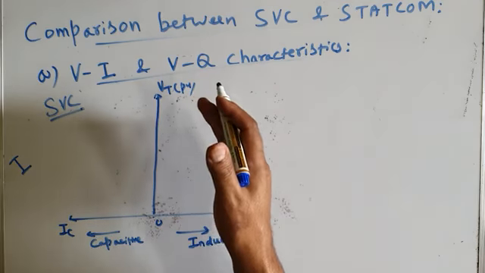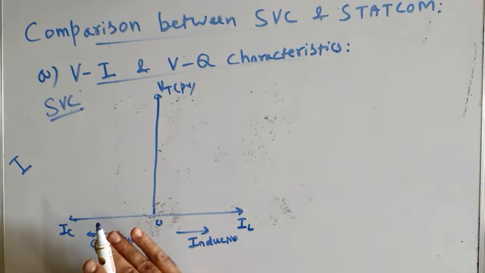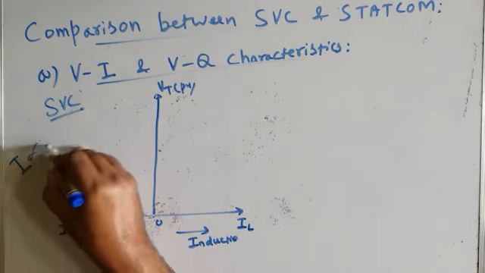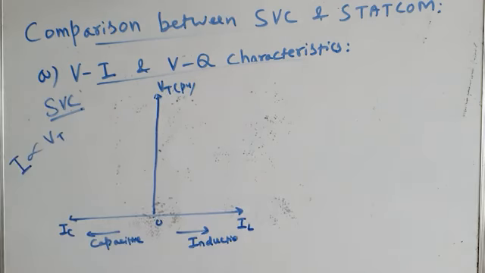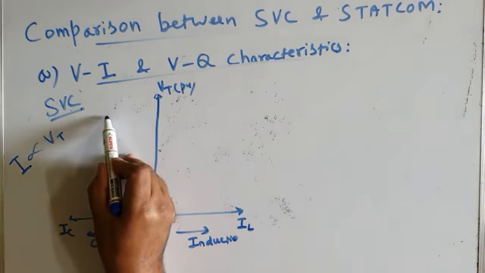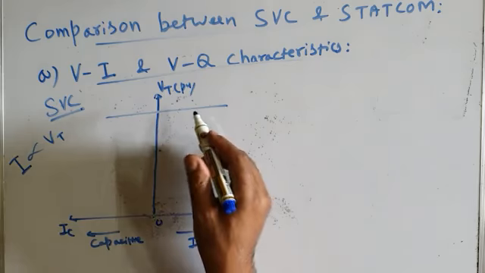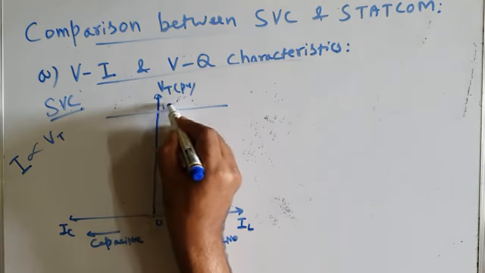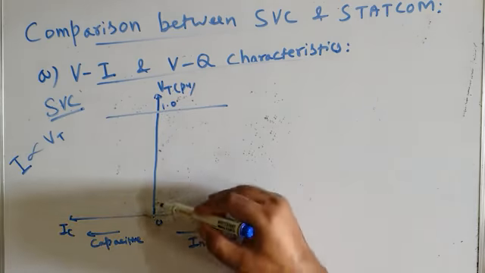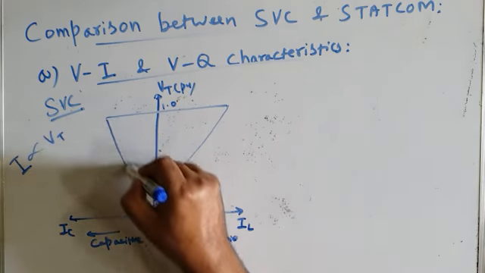Whatever the bus voltage is, it remains constant. But in case of SVC, that's not the case. The current is directly proportional to the bus voltage. As the bus voltage varies, current linearly varies. So that we can show like this. This is the current drawn by SVC at rated voltage 1.0 per unit, and then it varies linearly like this.